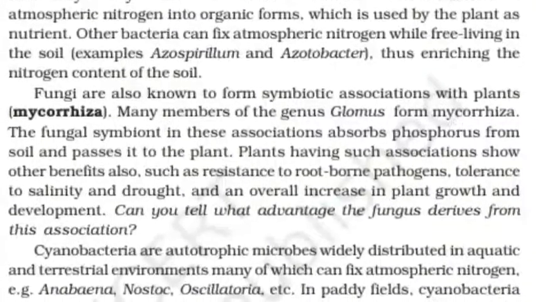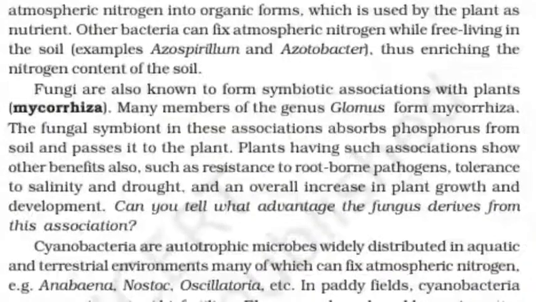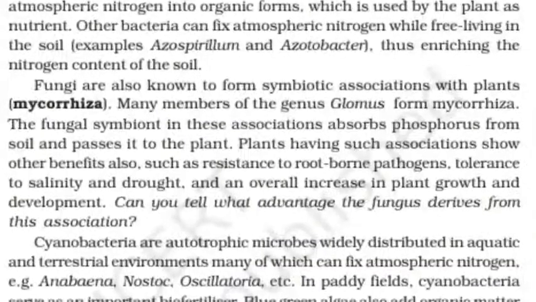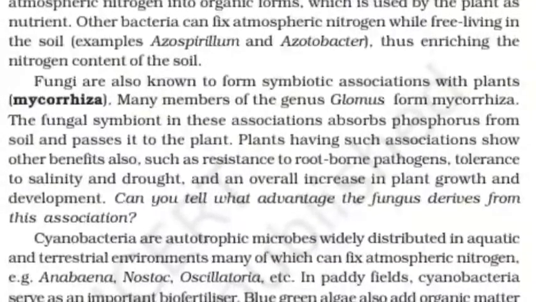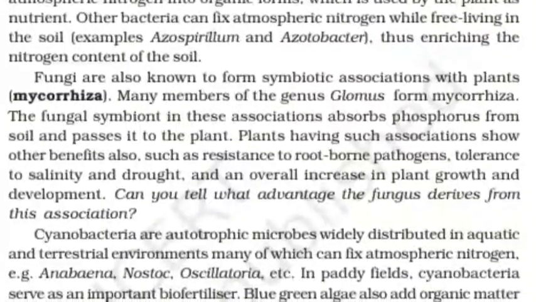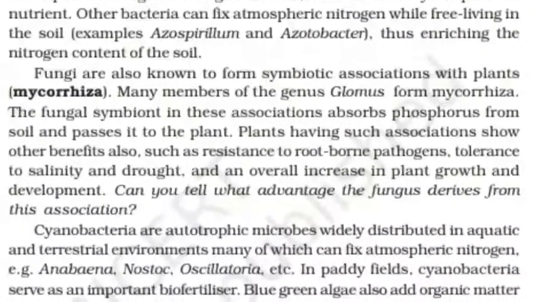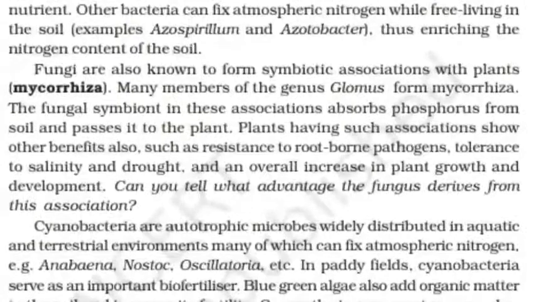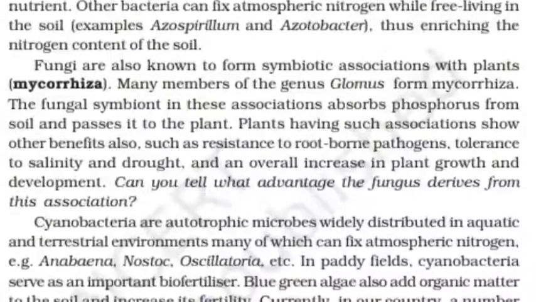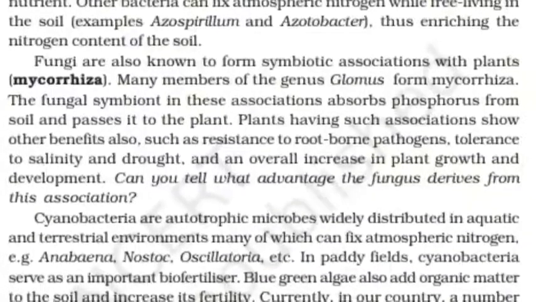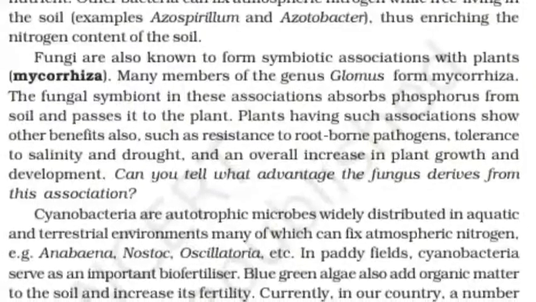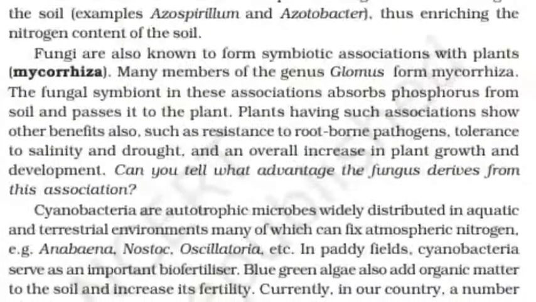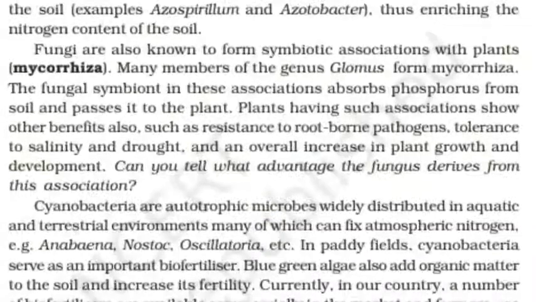Plants having such associations show other benefits also, such as resistance to root-borne pathogens, tolerance to salinity and drought, and an overall increase in plant growth and development. Can you tell what advantages the fungus derives from this association?